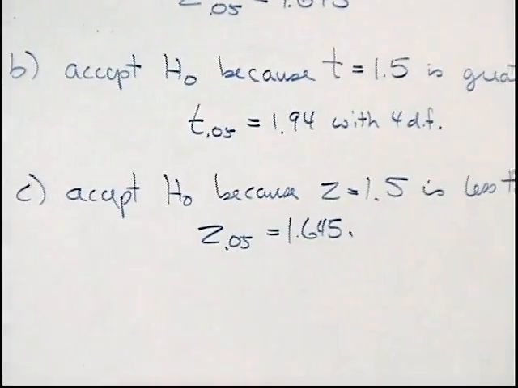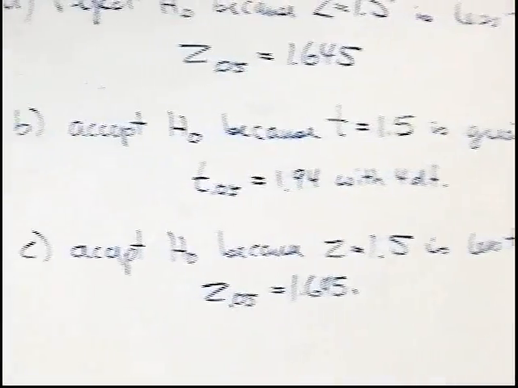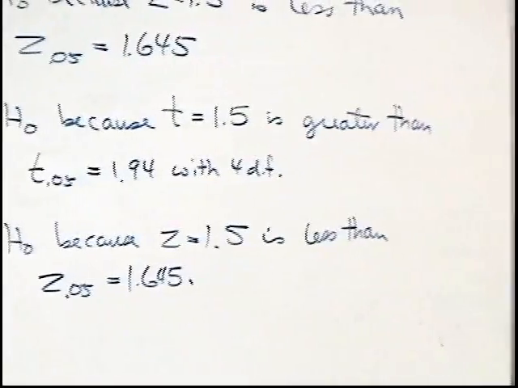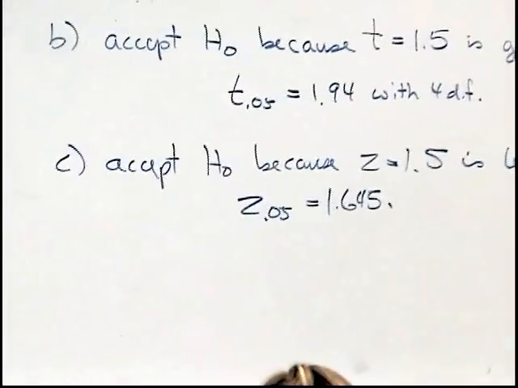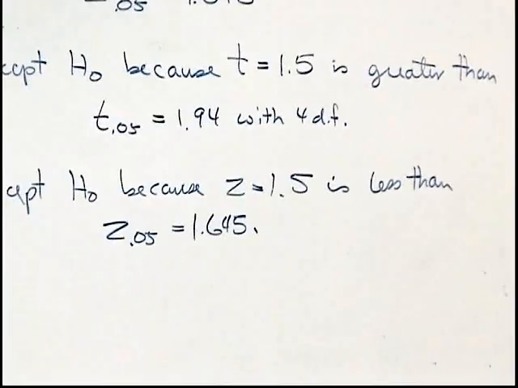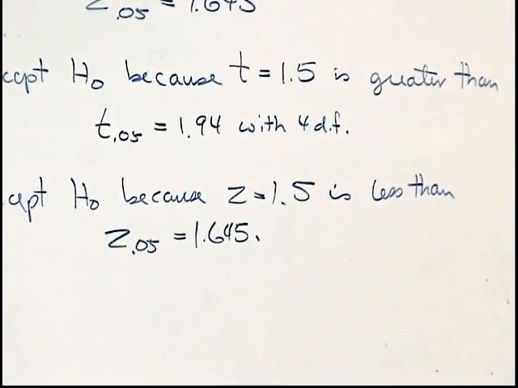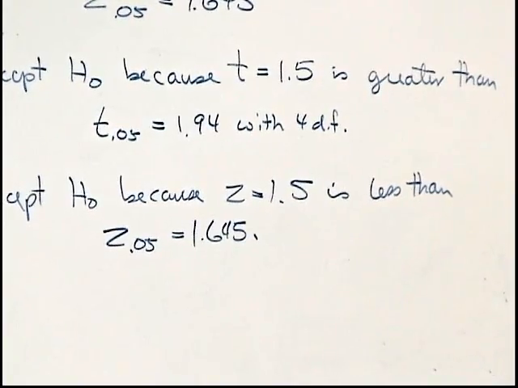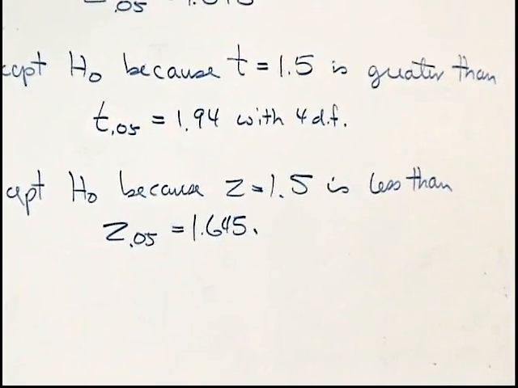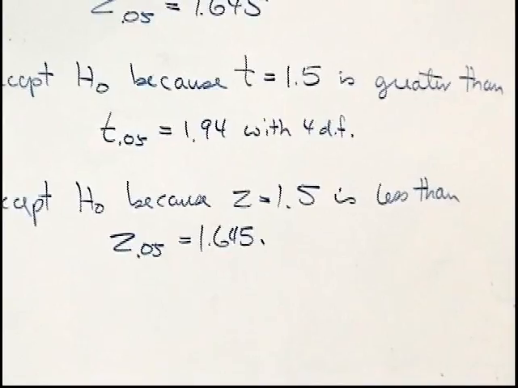There's 3 good answers. What's the correct answer? Well, if the problem was set up and told you that sigma was known, then what do you do right away? Disregard t. Even though I haven't gotten to t yet, t is when sigma is unknown. So we know it's got to be one of the z's, so which one is it?